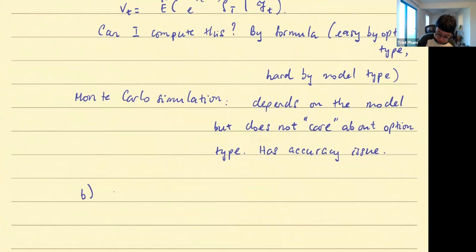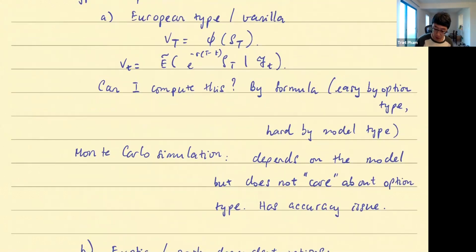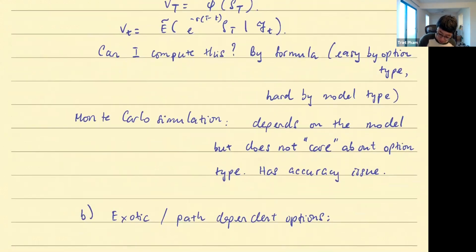The more serious type is the exotic path-dependent options. And this is where we expand our concept of how we think about this object right here. I'm sorry, there's one more object, called the relations between the Greeks.